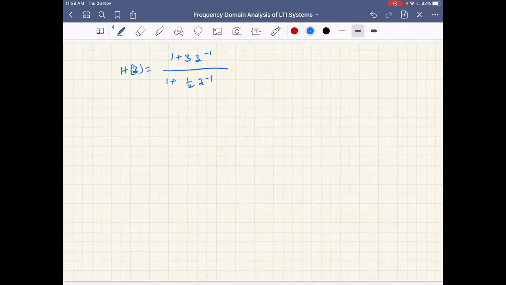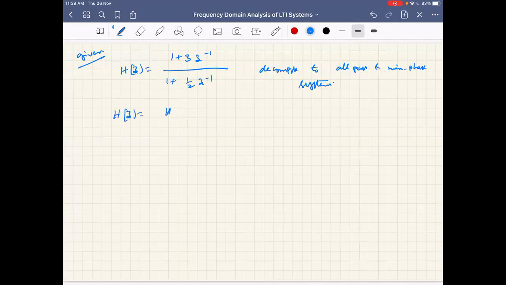So the question here is, given H(z), which is non-minimum phase, decompose this into all pass and minimum phase systems.